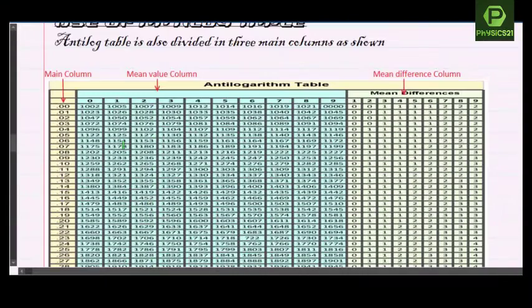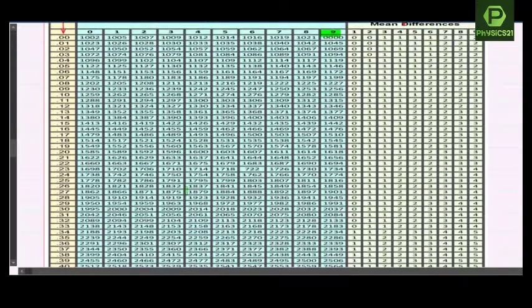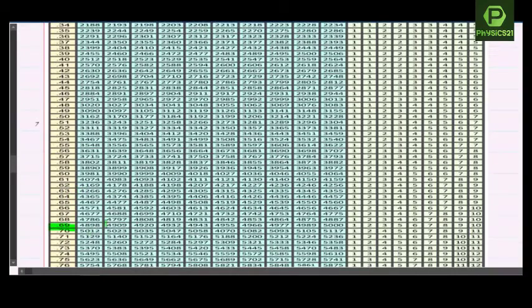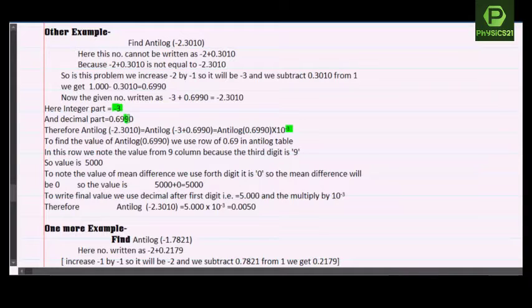So column 9, for the row 0.69, the value will be 5000. The fourth digit is 0, so there will be no mean difference. The value will be 5000.